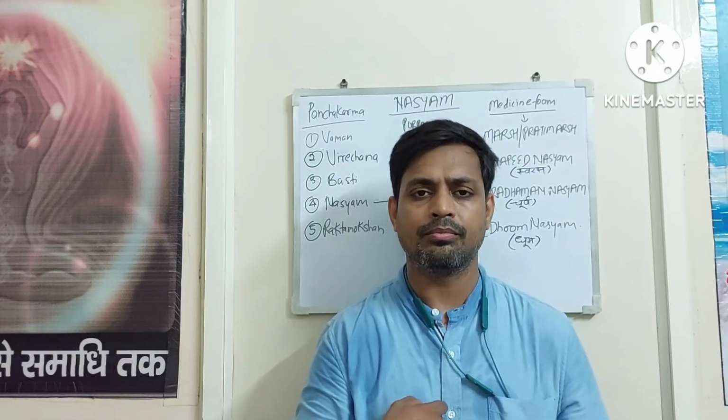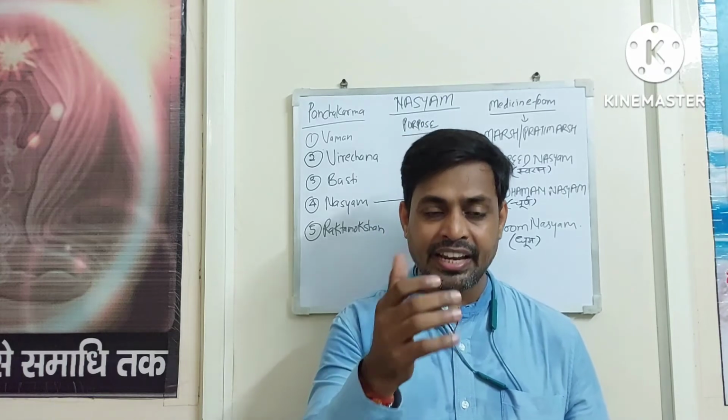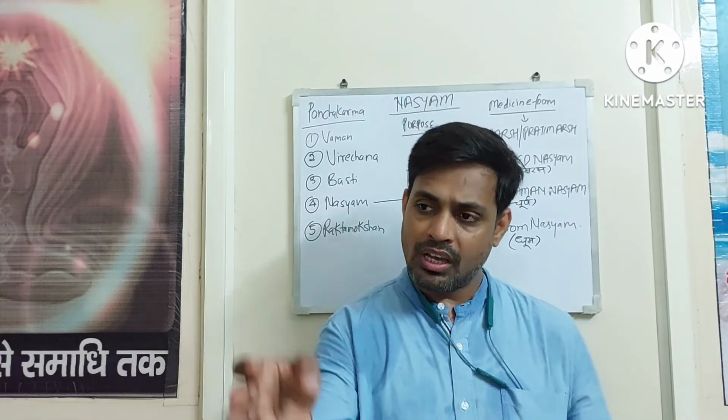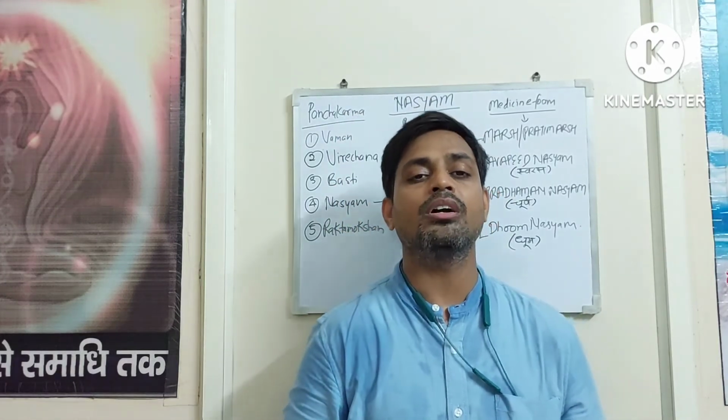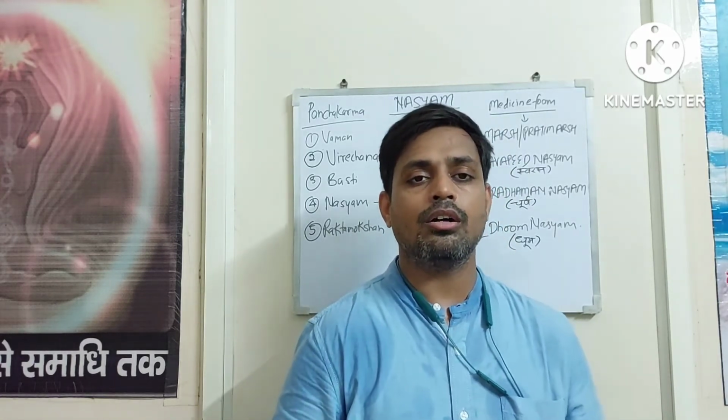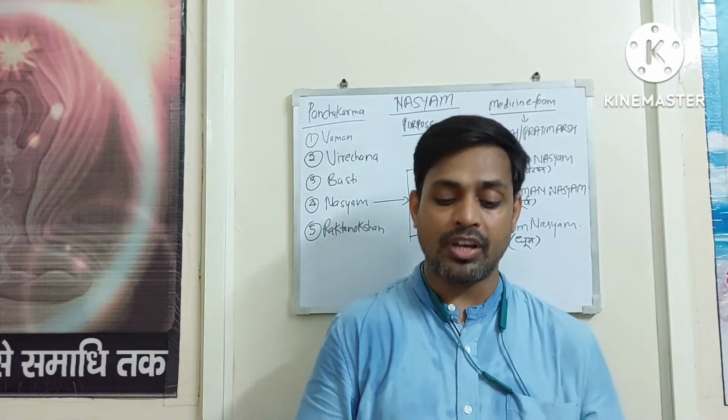Within one to two minutes, the patient will get up. It helps in case of murcha due to any reason. Especially we have used it in apasmara, epilepsy conditions. It works immediately. So Arka Churna Nasyam helps very nicely.